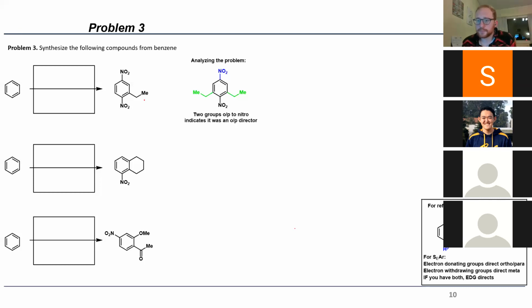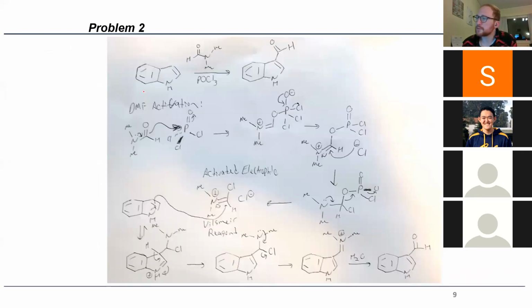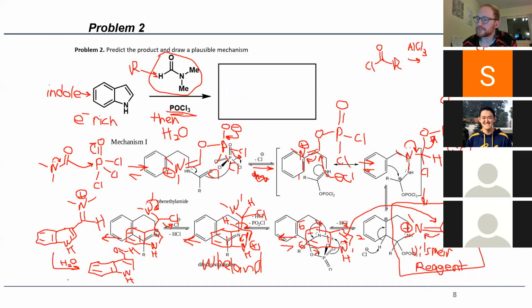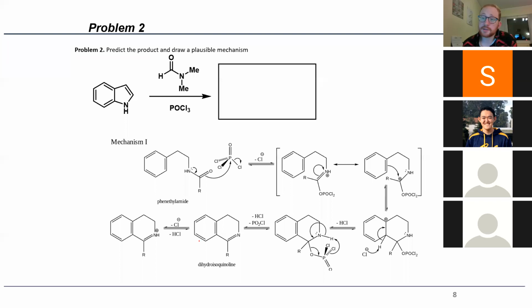Okay, first thing I want to talk about, I just want to address a question from earlier about the Bischler-Napieralski reaction. So hopefully, go ahead and erase all the ink on this slide. I posted here the mechanism of the Bischler-Napieralski that I copied from the internet.